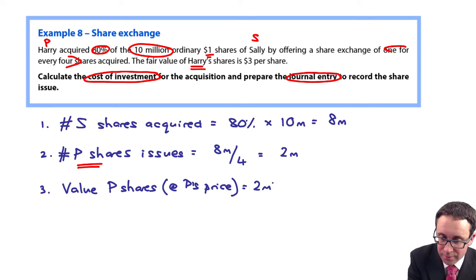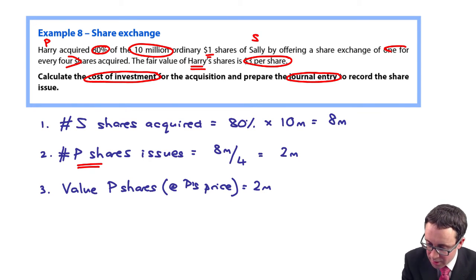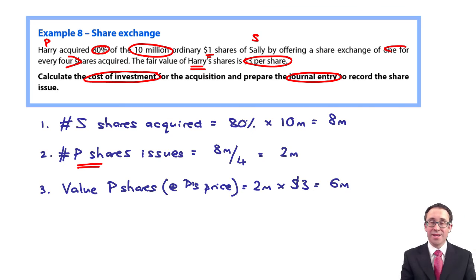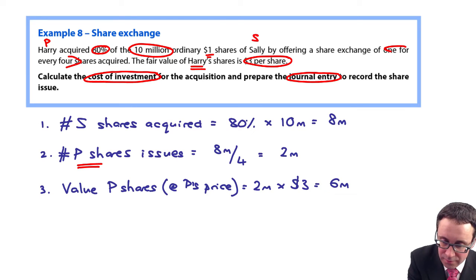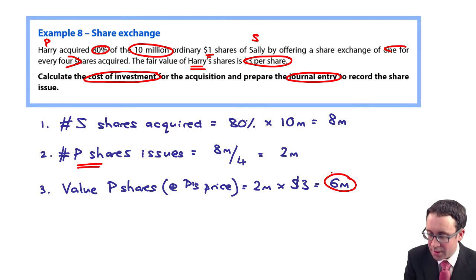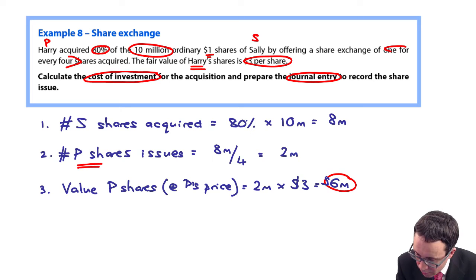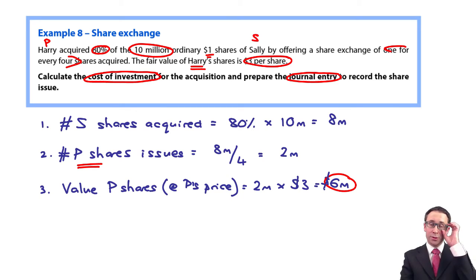So that's 2 million at $3 per share, isn't it? So that gives me $6 million. Okay. So the cost of the investment is $6 million. Okay, I suppose I should be thorough and put the dollar sign there as well, shouldn't I?